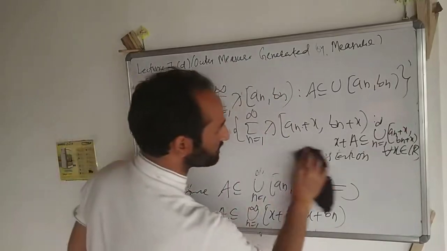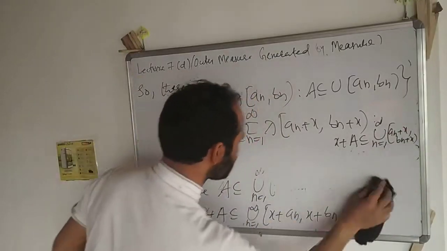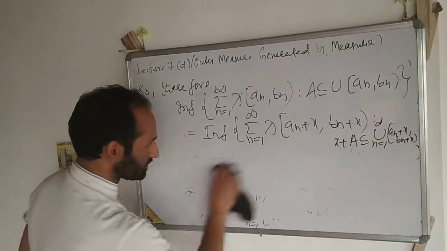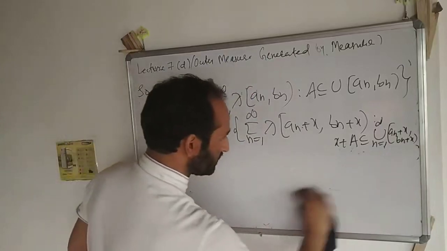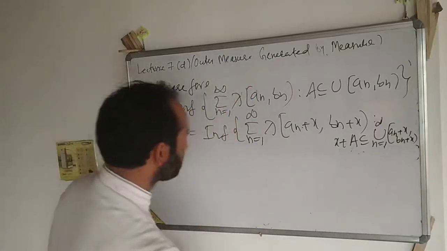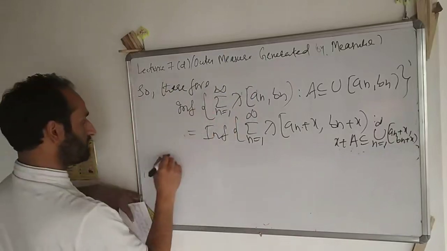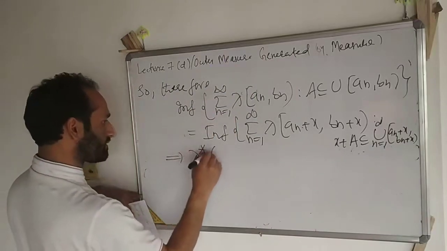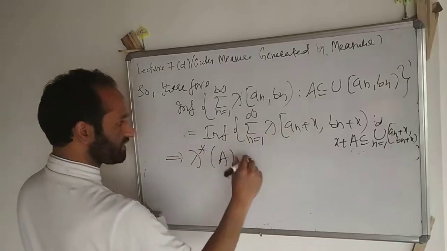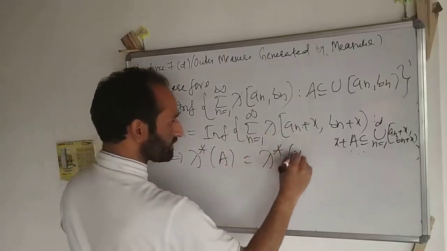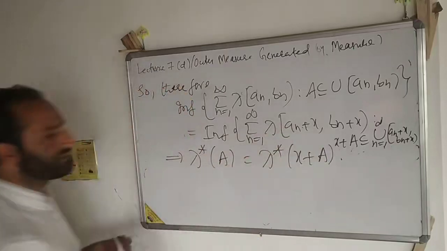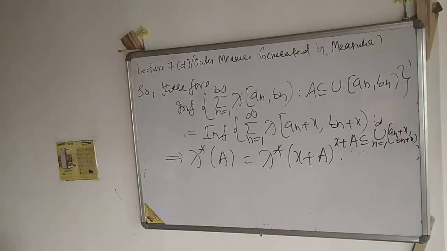So both infimums are the same. By definition, this is lambda star of A, and this one is lambda star of x plus A. So that proves Lebesgue measure is translation invariant.